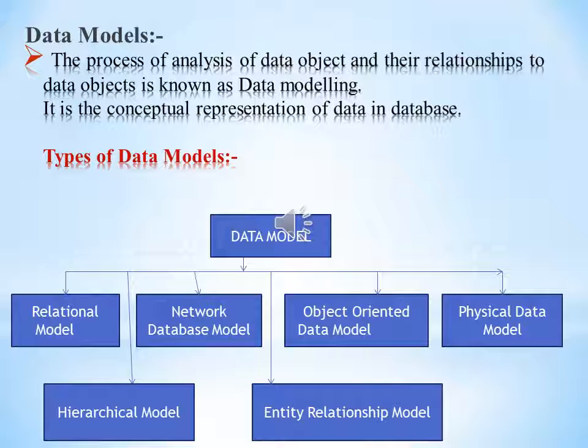It is the first step in the database design. The data model defines how data is connected to each other and how it is processed and stored inside the system. A data model provides a way to describe the design of a database at the physical, logical, and view levels.